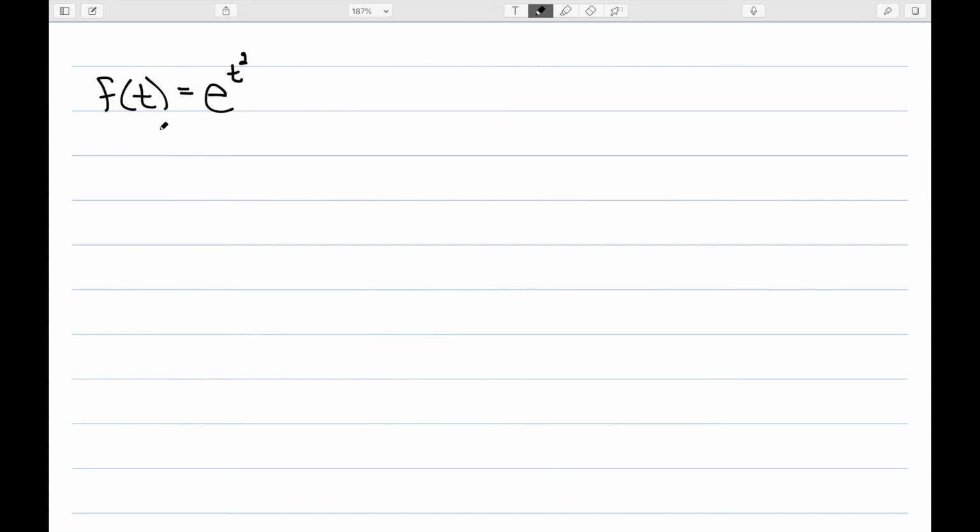So we'll consider f of t equal to e to the t squared. In reality, what we want for exponential order is I want to be able to look at the limit as t goes to infinity of my function f over e to the alpha t to be finite. So let's see what we have here.